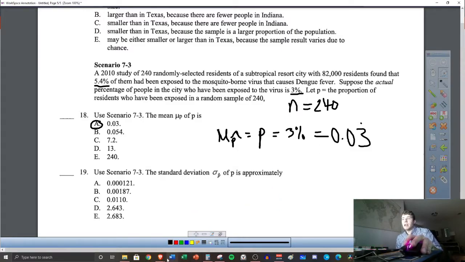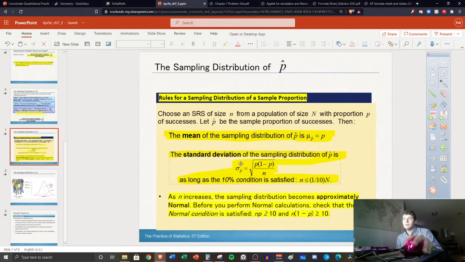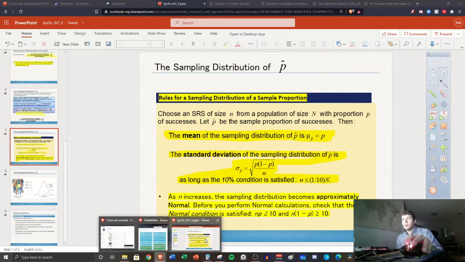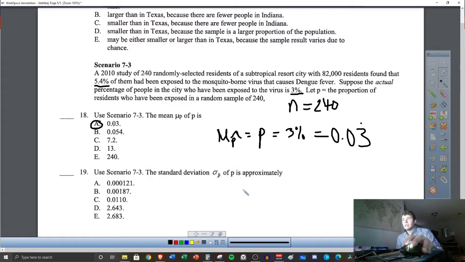Here's where we have to check that 10% condition. Is n less than or equal to 1/10 of big N? Well, what's big N? Big N is the population, and they give that to us right here.